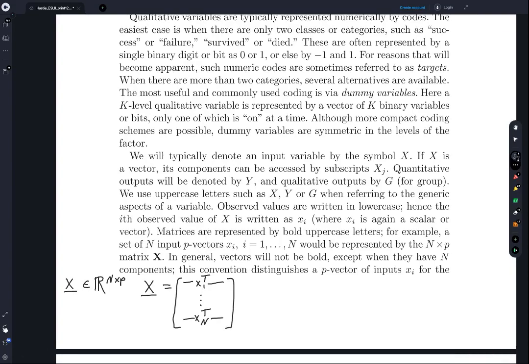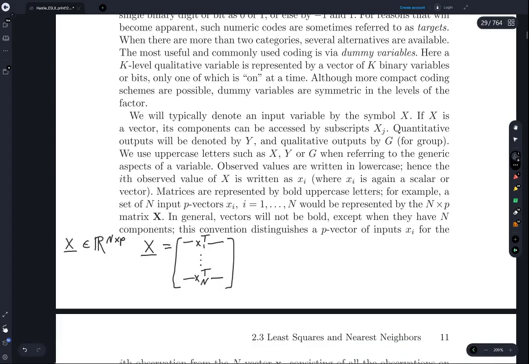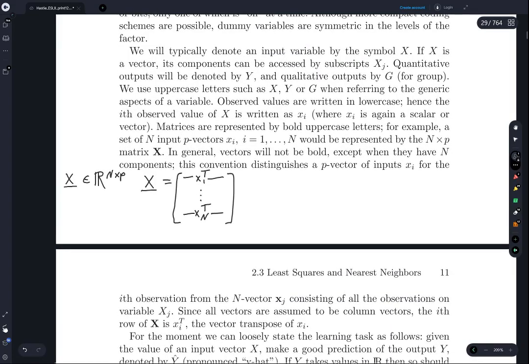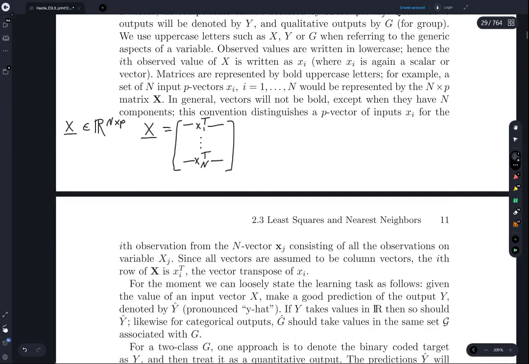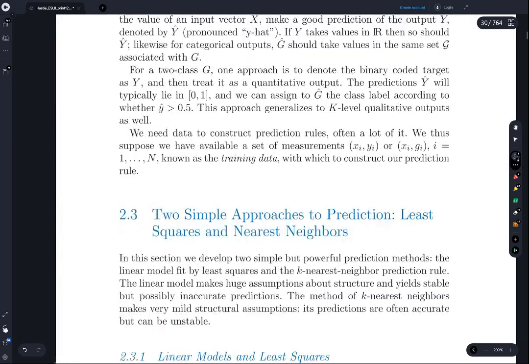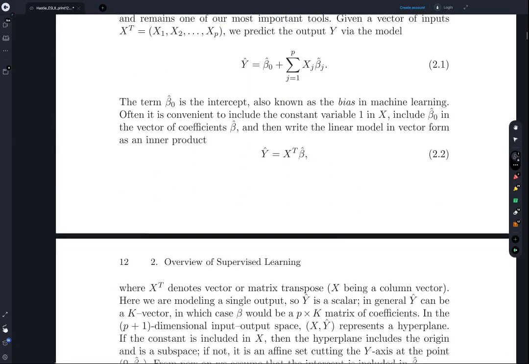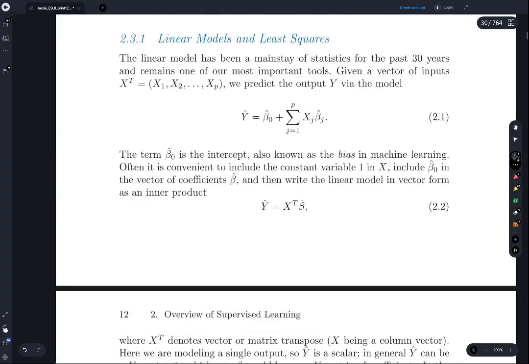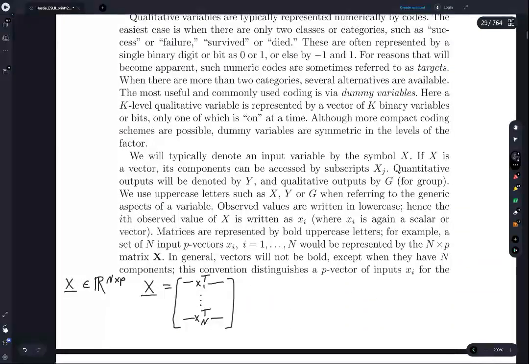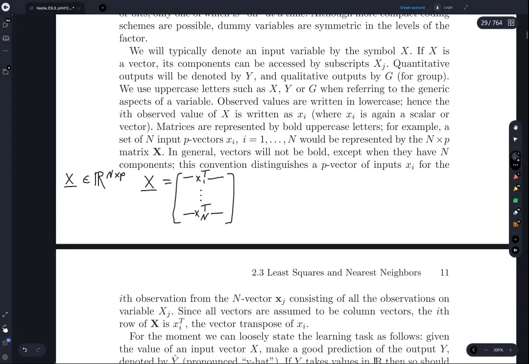Right, so this is lowercase xi. Now also we have uppercase Xi's, I believe, as well, that get included at some point here. Yeah, I think that's what this is.